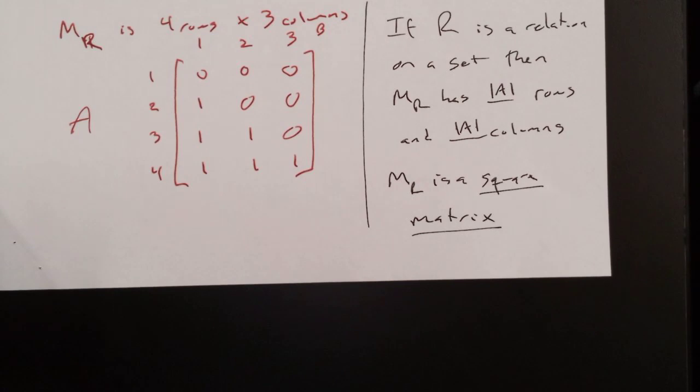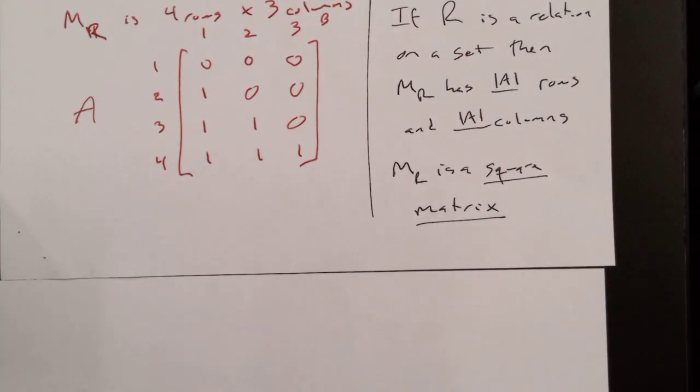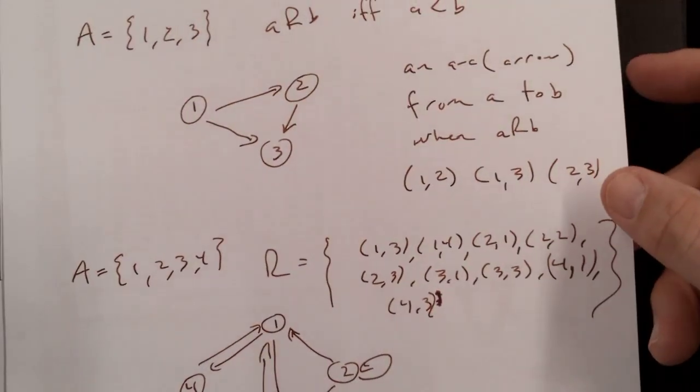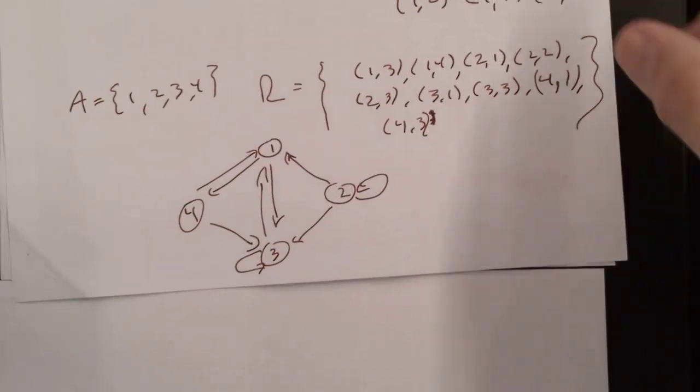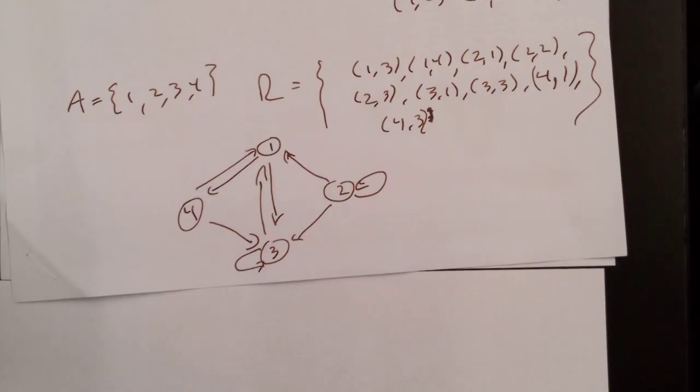So let me go back to the example we did earlier. Here comes our picture and our relation from our digraph. We could do either of these. Let's do the complicated one. I'm going to get a 4 by 4 matrix, 4 rows, 4 columns.